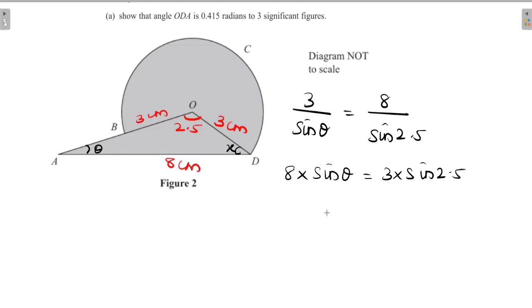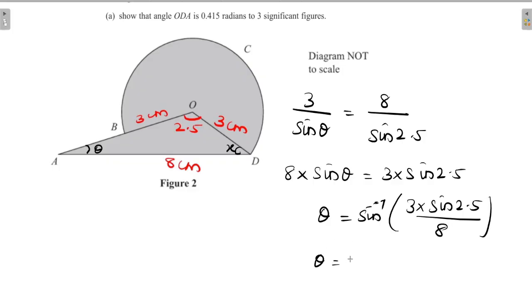So theta is equal to sine inverse of 3 times sine 2.5 divided by 8. By using the calculator, theta is equal to 0.226355052. This is not our required angle.